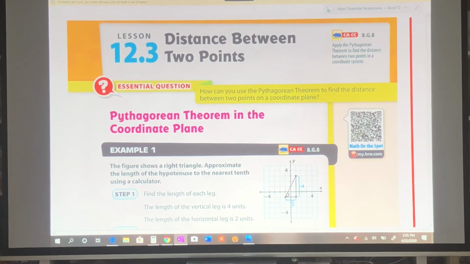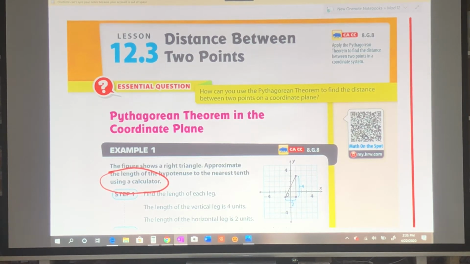Distance between 2 points. We've done that. Pythagorean theorem in the coordinate plane. The figure shows a right triangle. Approximate the length of the hypotenuse to the nearest tenth using a calculator. Wow. They're making it easy.